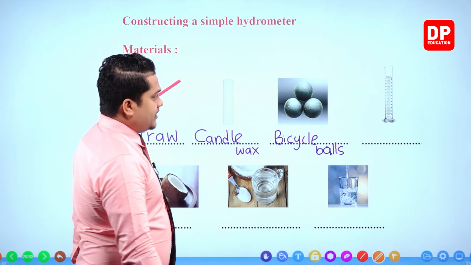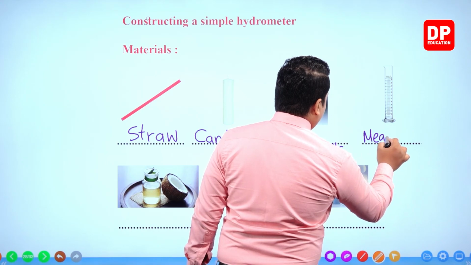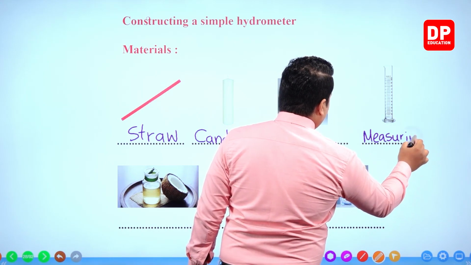Then a measuring cylinder. You know we'll be needing a measuring cylinder for sure to measure the density.